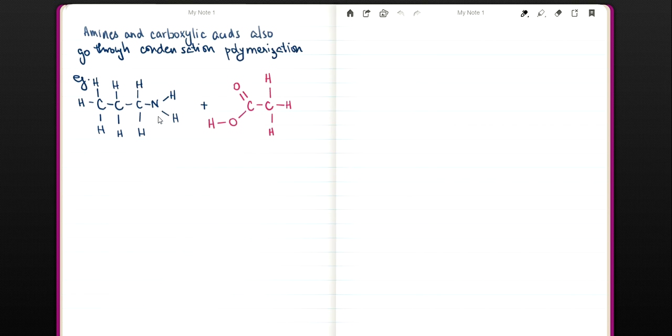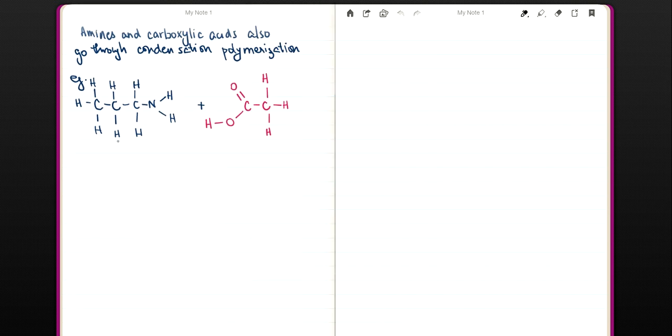The next one that goes through condensation is between an amine and a carboxyl group. So this one, what will happen? You will have water being formed like this, right?